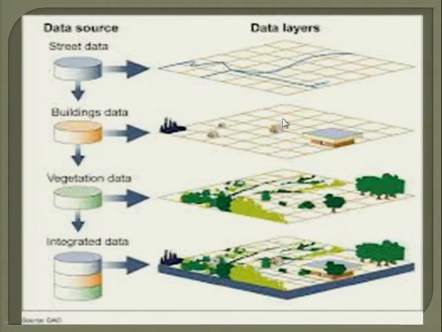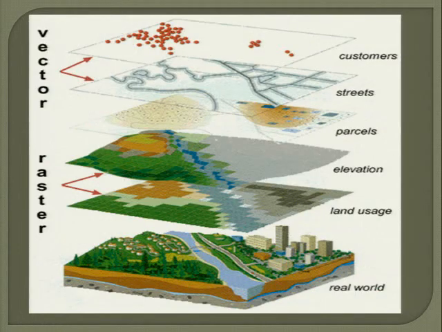This is just another example of data layering, where you put all these layers on top of one another to give you the final product under the thematic layers. Another good example is this one under the vector and the raster data.